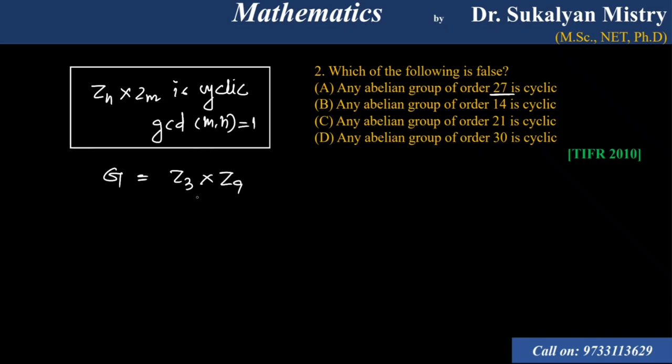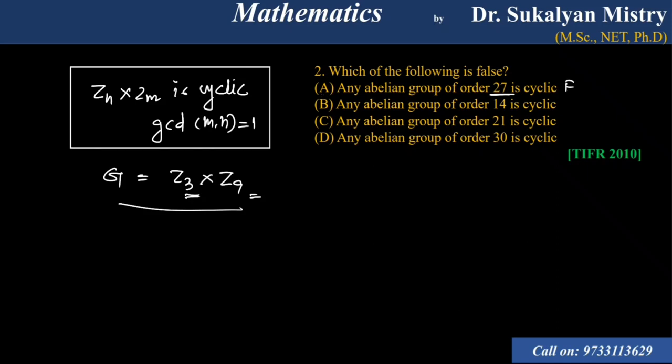Clearly Z3 cross Z9 is an abelian group of order 27, but it is not cyclic, because 3 and 9 are not relatively prime. So this is not a cyclic group. So option A is false.